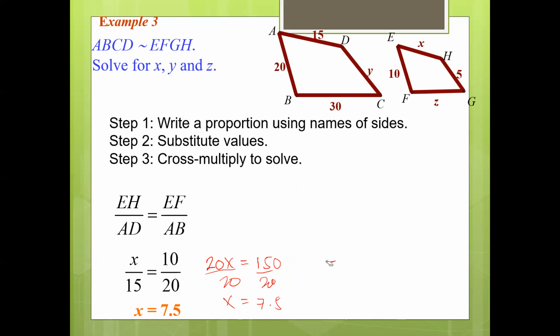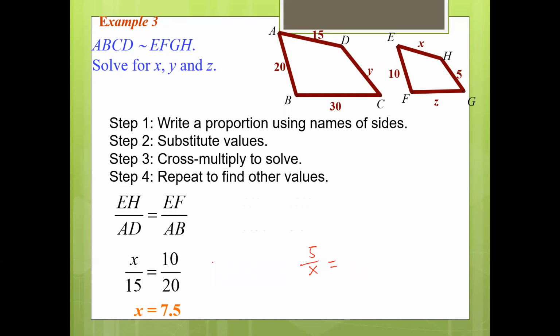Okay. Let's continue with the other missing side, given that x is equal to 7.5. Now we find y. DC is represented by DC, and its opposite is HG. And then AB is complete.